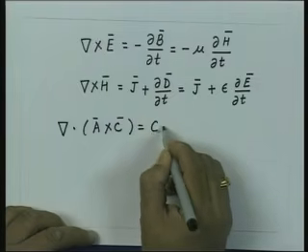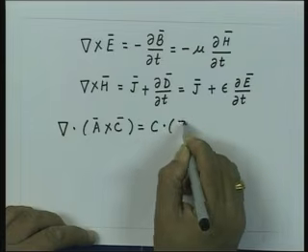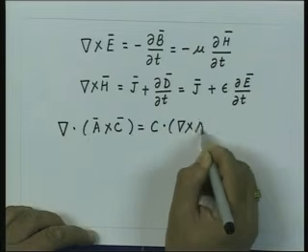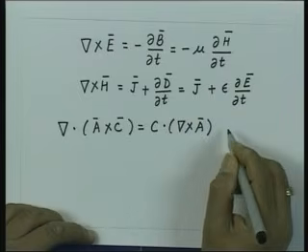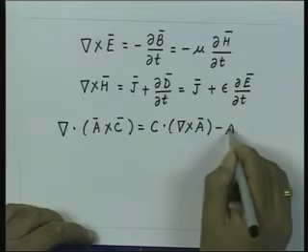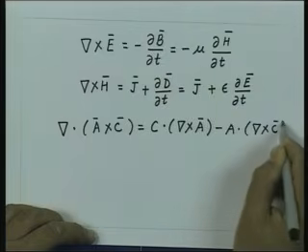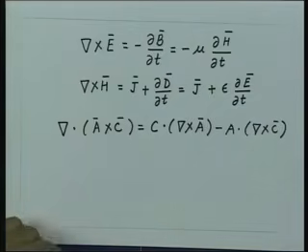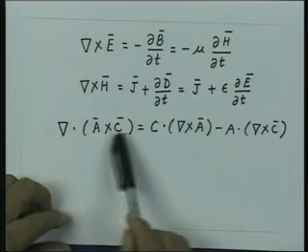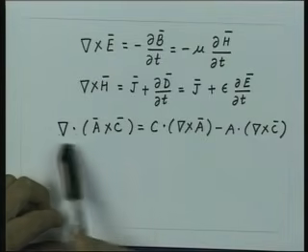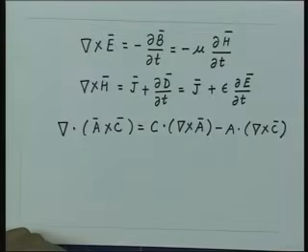This gives me C dot del cross A minus A dot del cross C. So, for any two arbitrary vectors A and C, we have this vector identity.